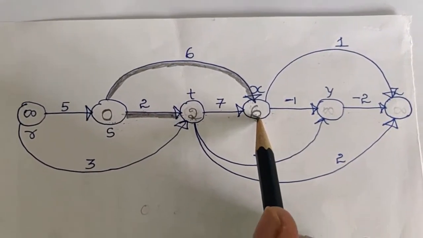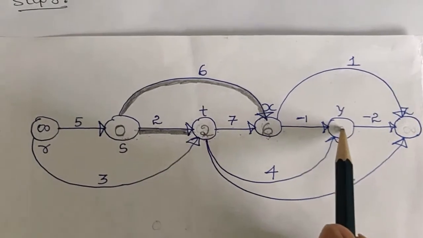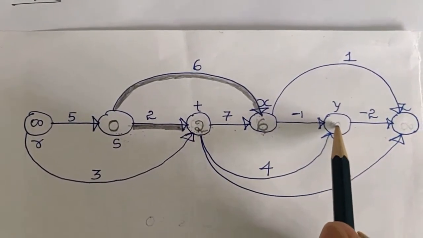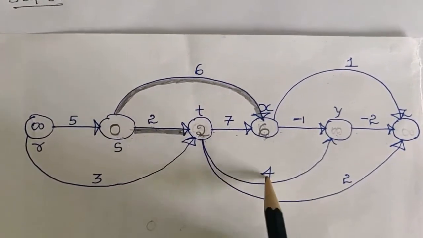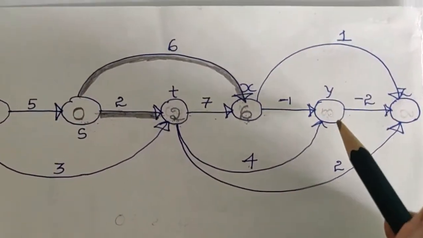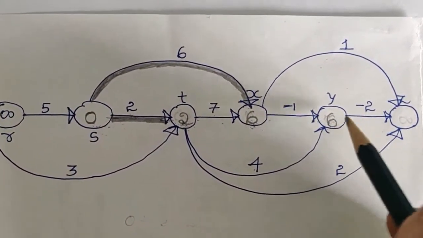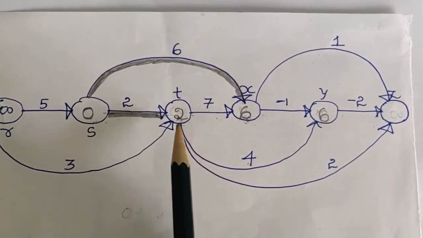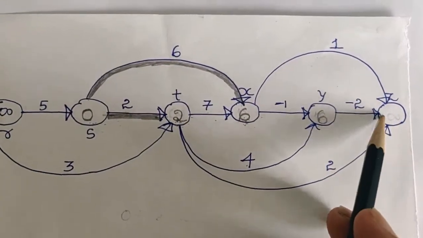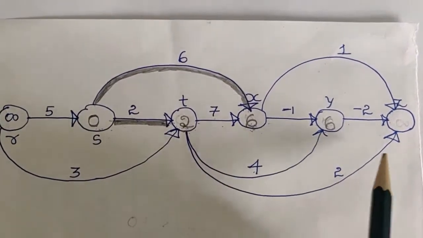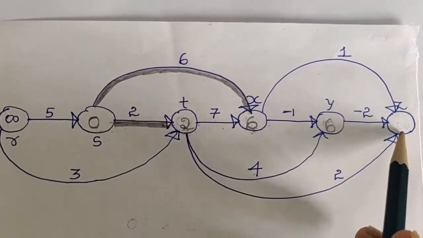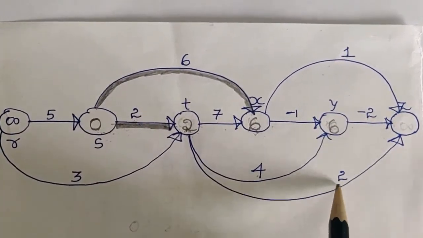Now we are moving for the next value, that is T to y. T to y. Earlier it was infinity. Now we have to update this y value, that is 2 plus 4, that is 6. For the next track, from T to z, T is 2 and z node value was infinity. Now we have to update that. So edge value is 2.